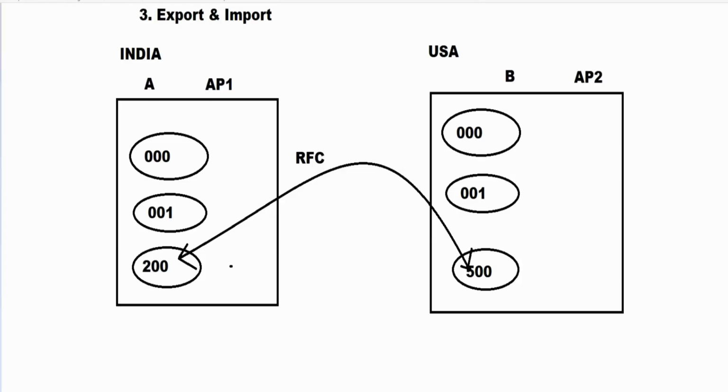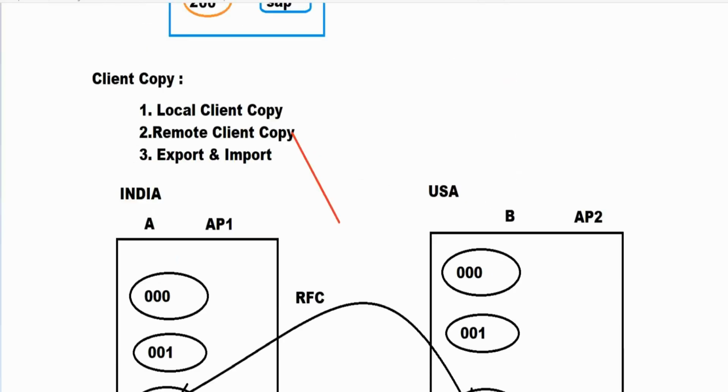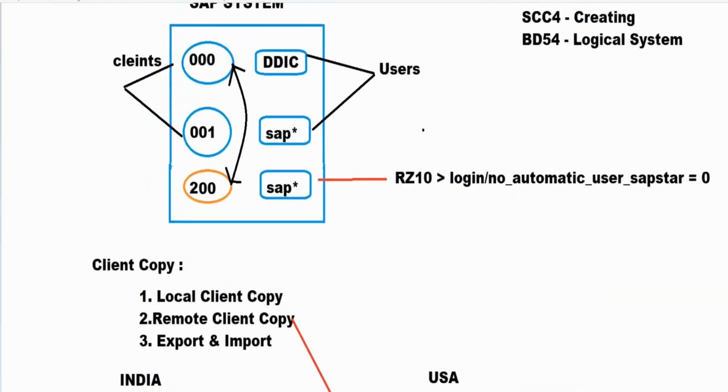To establish the communication between the two systems, we have a remote function call, a communication tool called RFC. By using this communication tool only, we are going to do the remote client copy. This is a different scenario: this is remote and this is local.